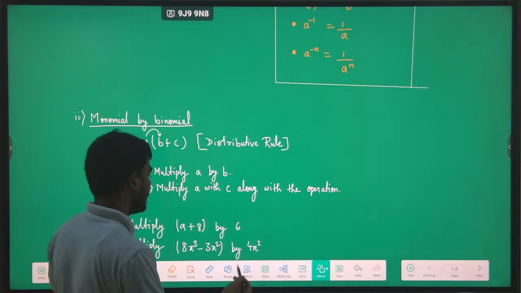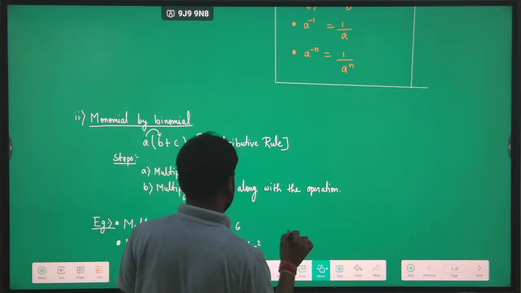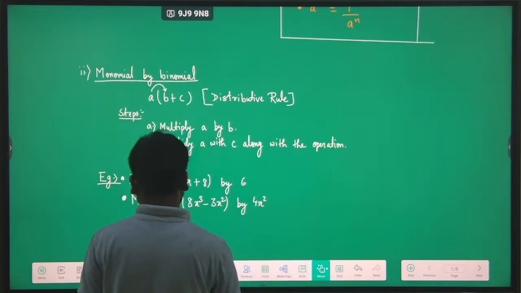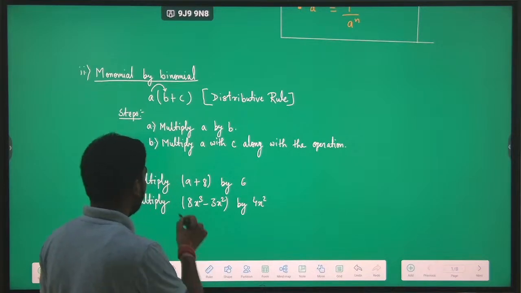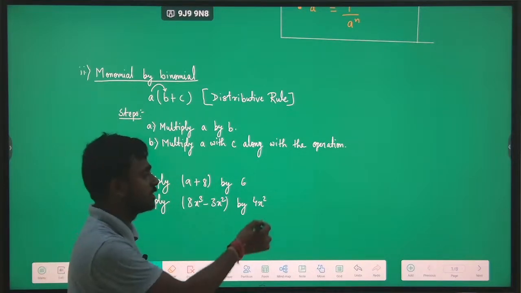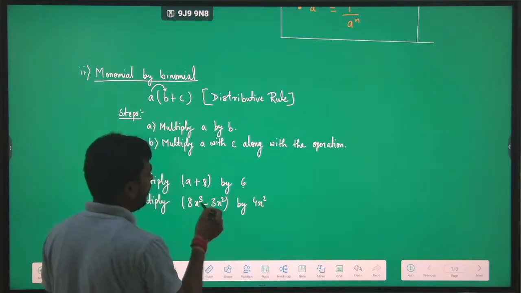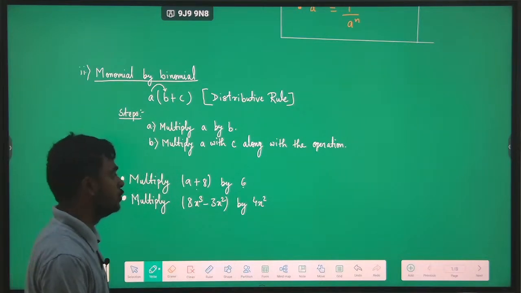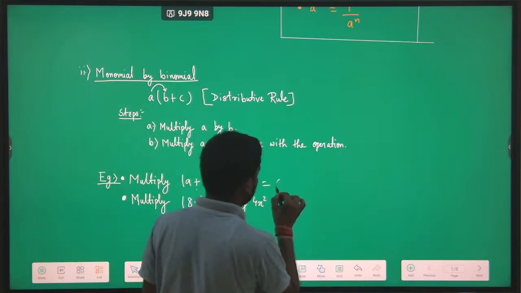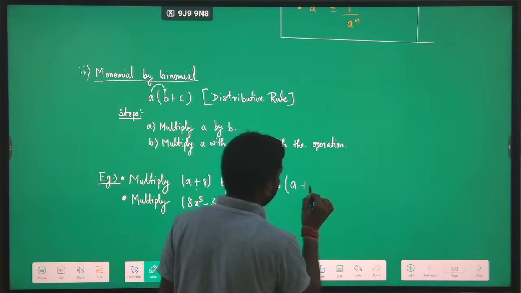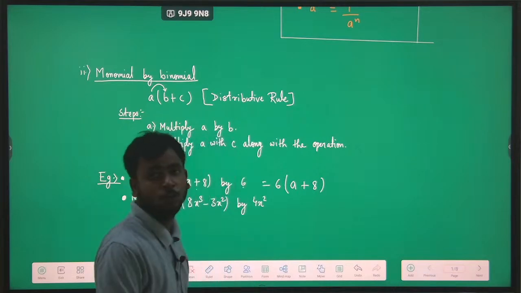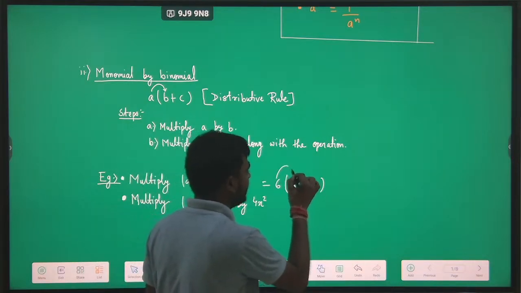Okay. Let us suppose that we are going to multiply a plus 8 by 6. So what are we doing? We are multiplying this monomial by this binomial. So it is actually equal to 6 into (a plus 8). So what do we do? We will multiply 6 with a first.